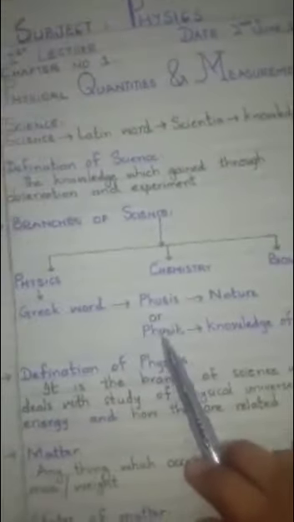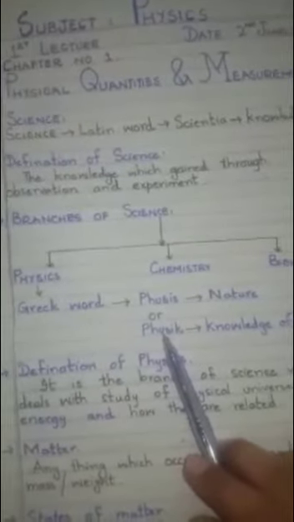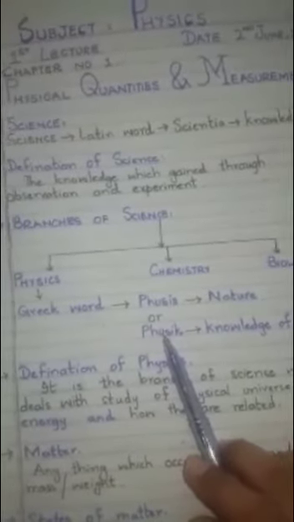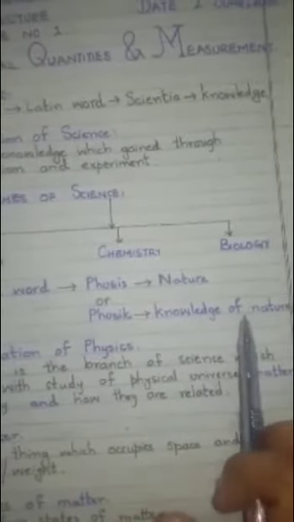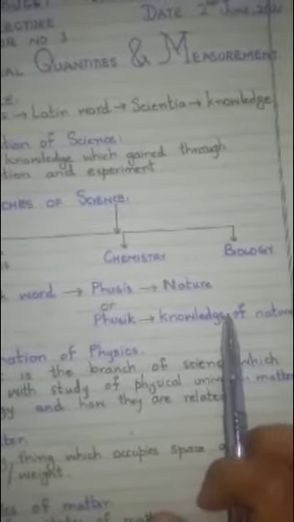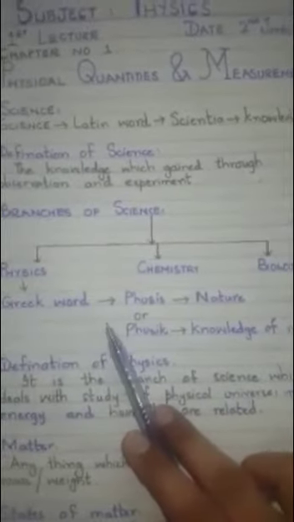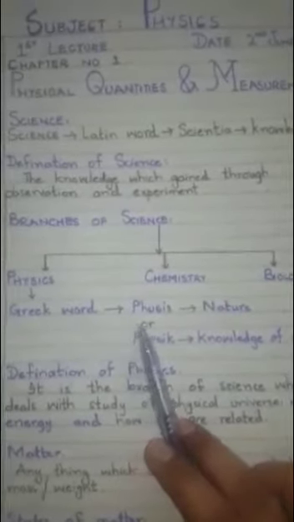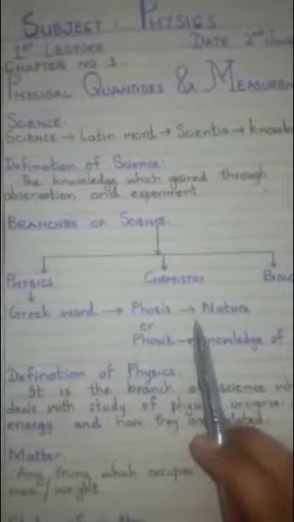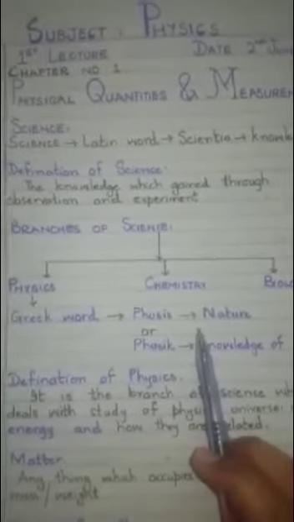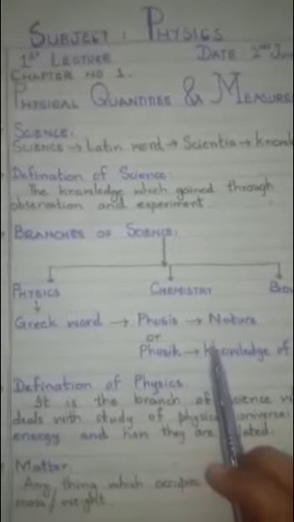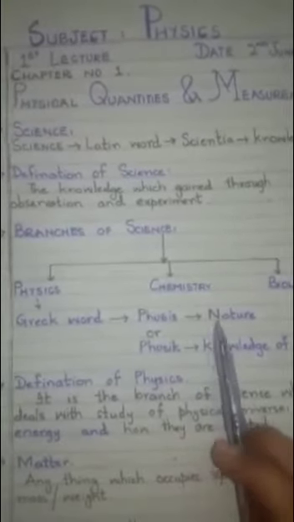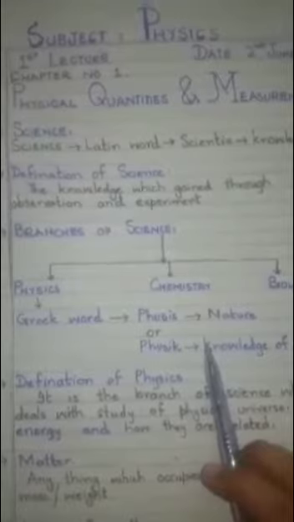It is also derived from a second Greek word, physic, which means knowledge of nature. So physics can be defined as the study of nature. This is the simple definition of physics. Or the study of the universe is also known as physics. That is the second simple definition.